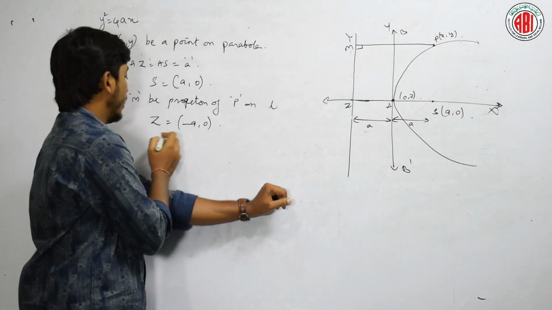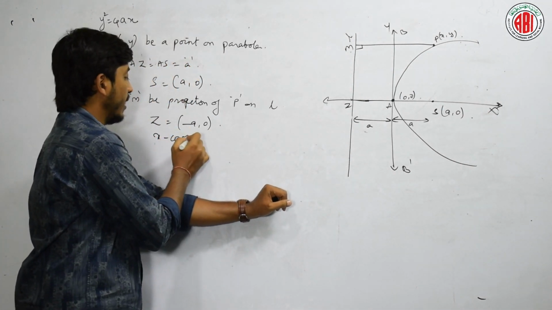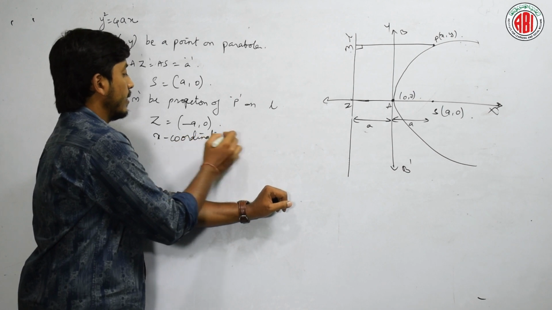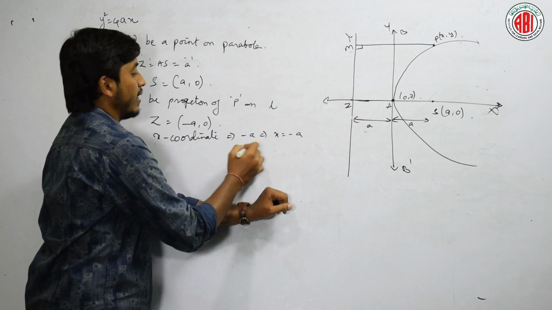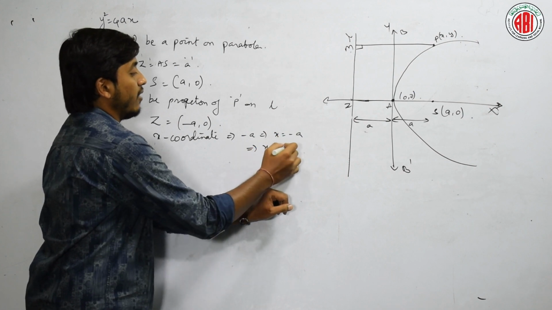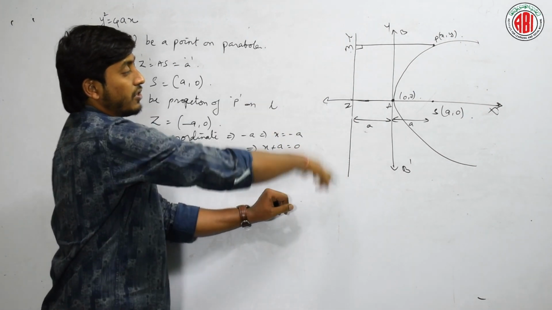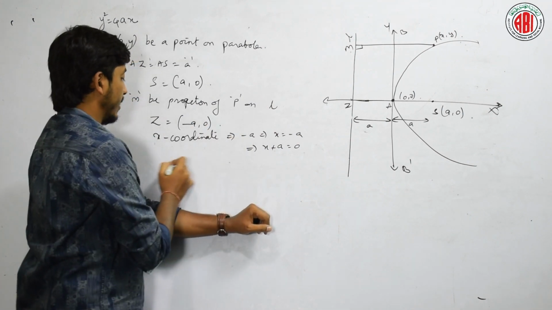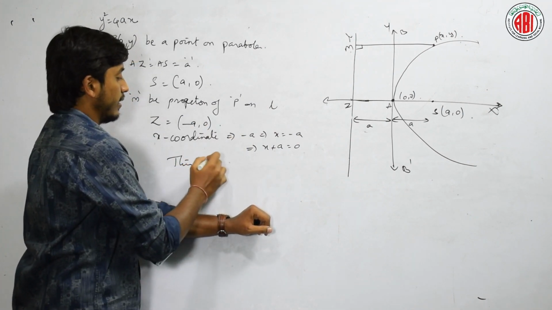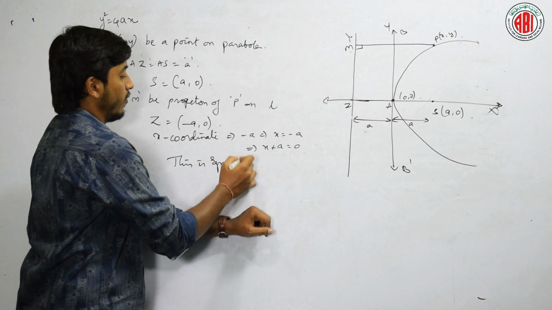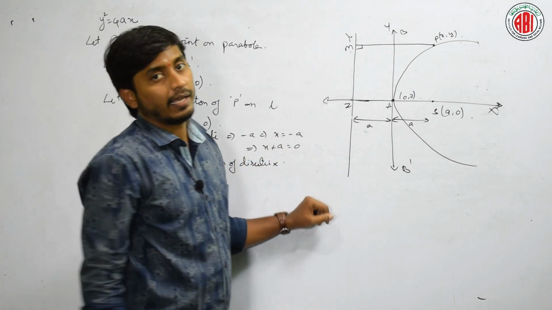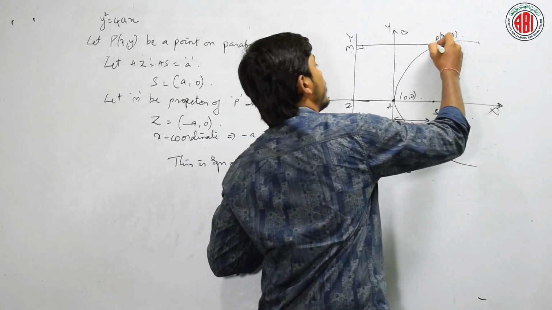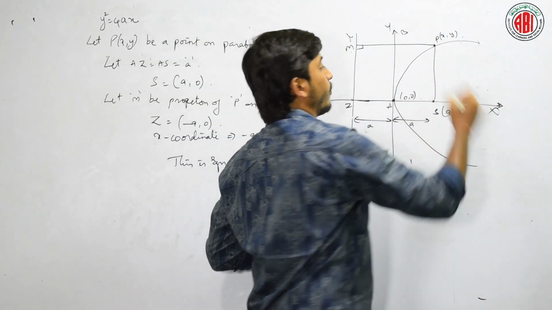The x coordinate is minus a, that is x equals minus a, therefore x plus a equals 0. This is the equation of our directrix.